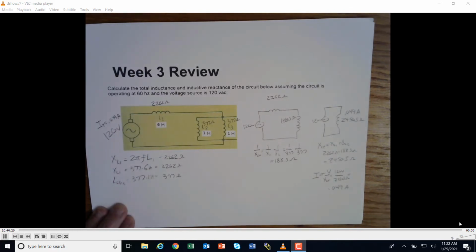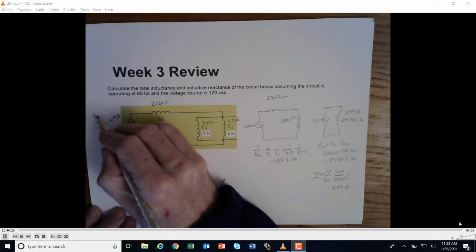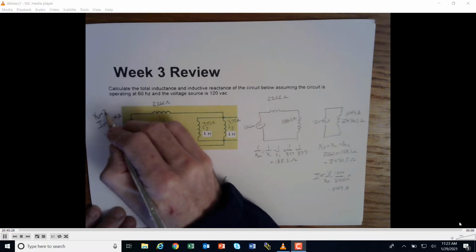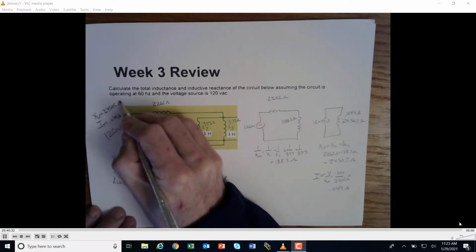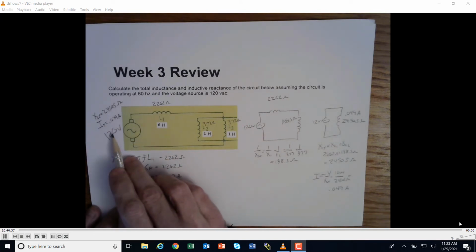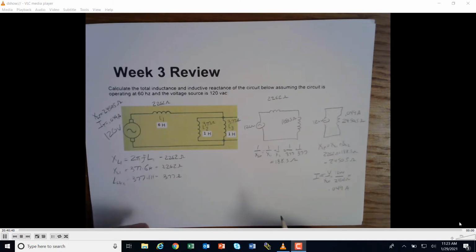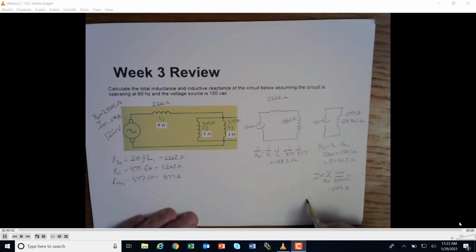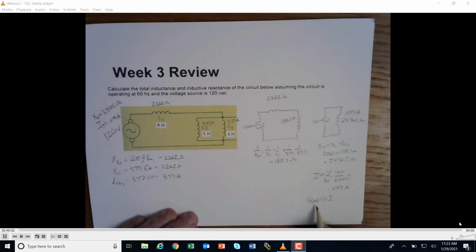Okay. And I also knew that my XLT total was 2450.5 ohms. While I'm over here working on this, we know that power is VI, but remember, we're not using power. We're using QVAR, which is V times I. So my total over here, instead of power, V times I, QVAR is V times I, which is going to be 120 volts times 0.049 amps.